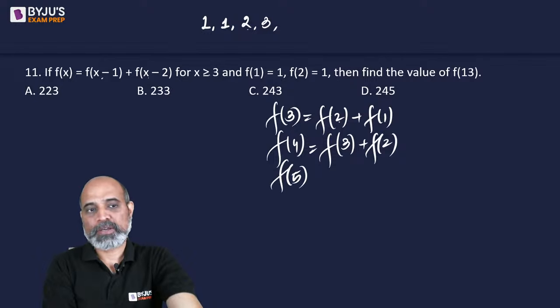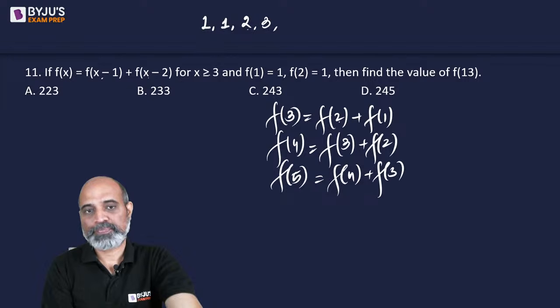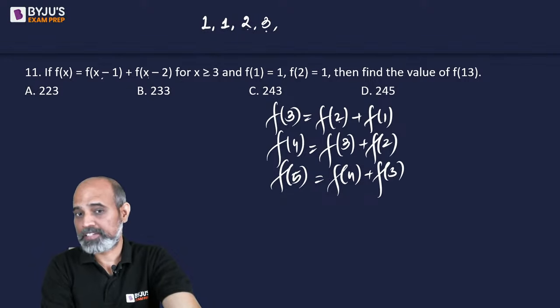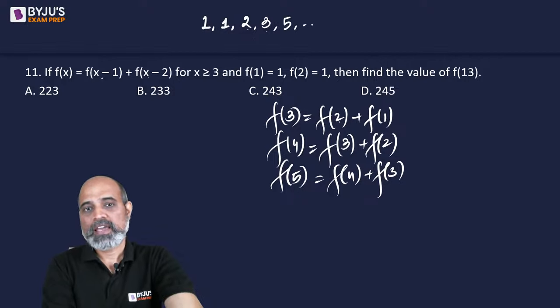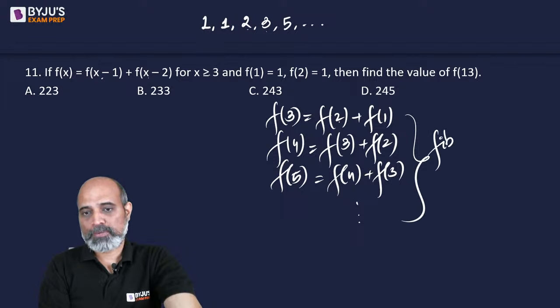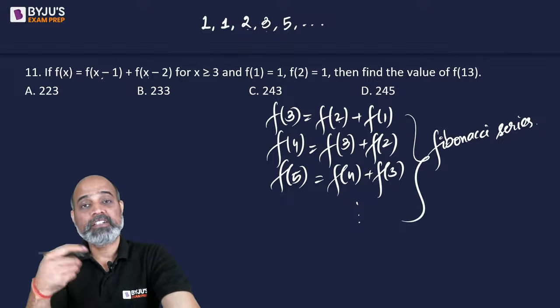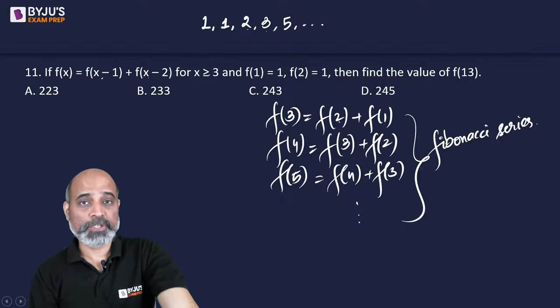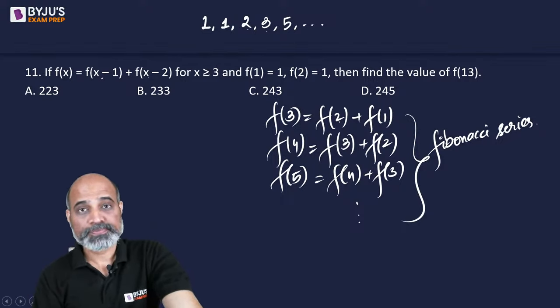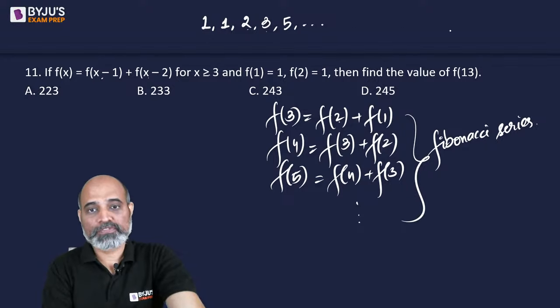F of 5, by putting x is equal to 5, you will get f of 4 plus f of 3. F of 4 अभी calculate करा 3. F of 3 is already known 2, so 2 plus 3 is 5. And this series continues. This is called Fibonacci series, where every term in the series is equal to the sum of the previous two. अब आपको ऐसे सॉल्व करते जाना है और 13th वैल्यू निकालनी है.